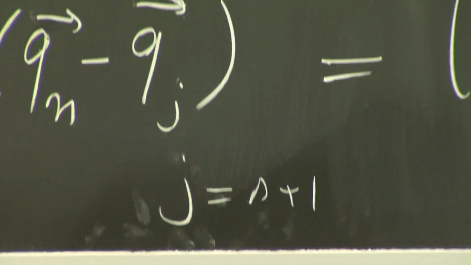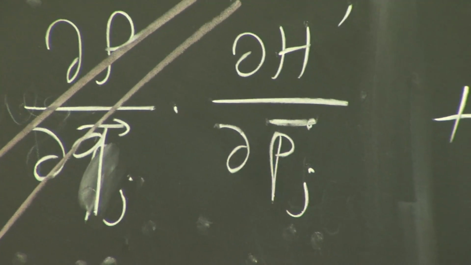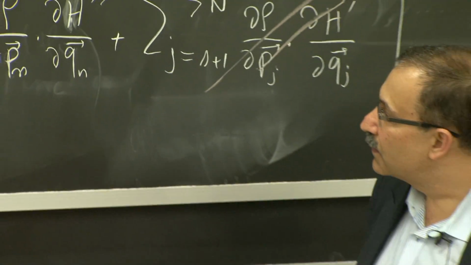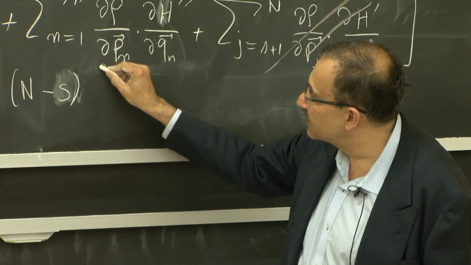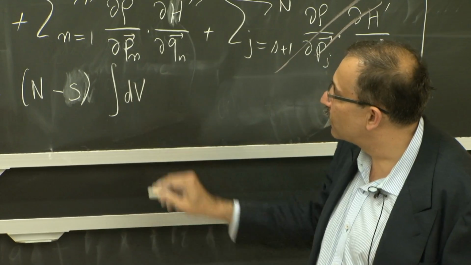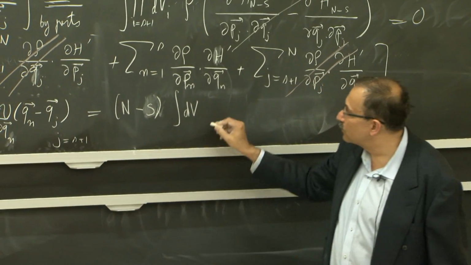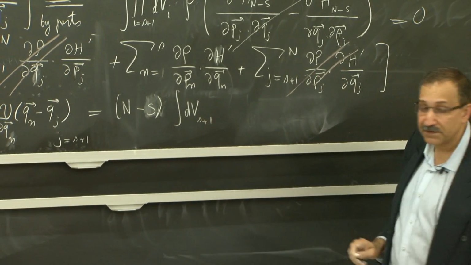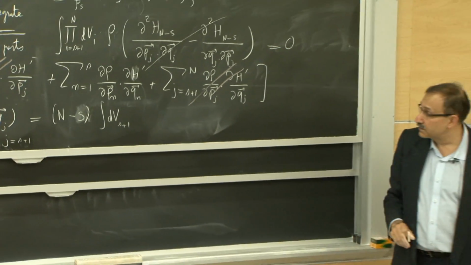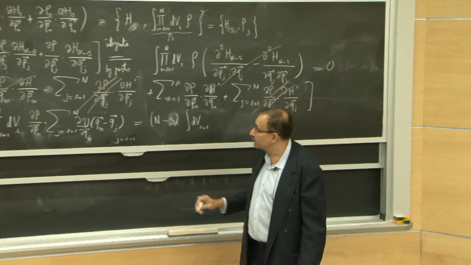Now, having done that, I have to be careful. I can do separately the integration over the volume of this one coordinate that I'm keeping, v of s plus 1. And what do I have here?